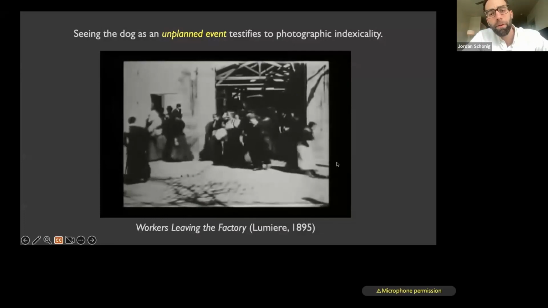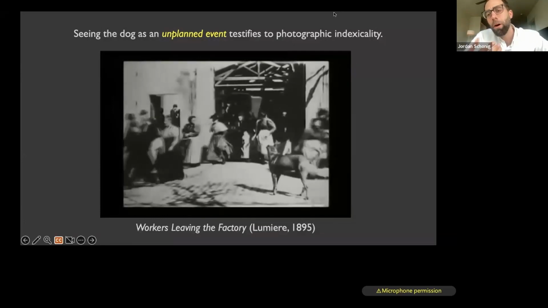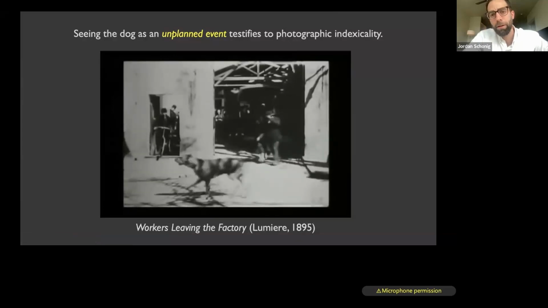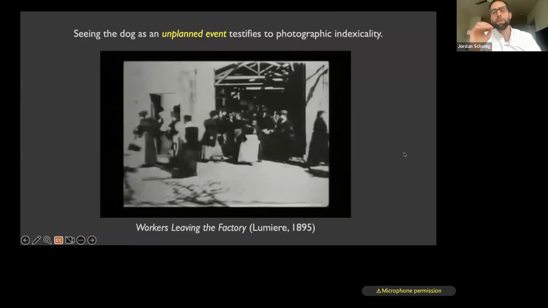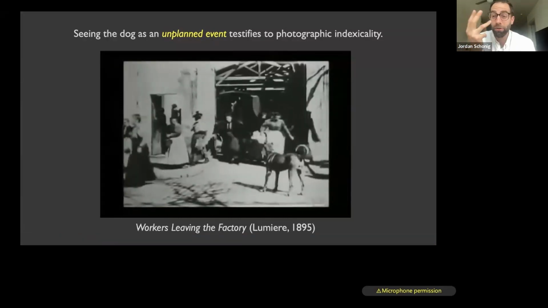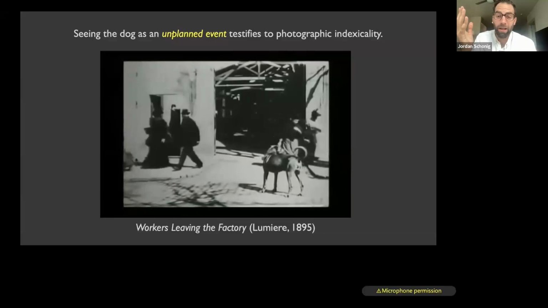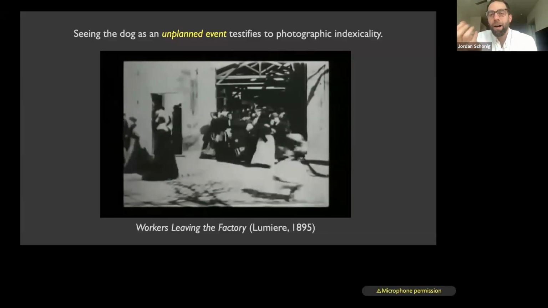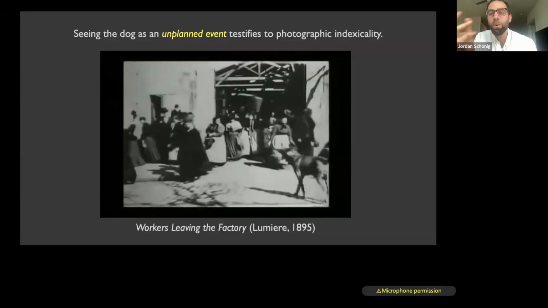So for example, if we were looking at this early film, also by the Lumiere brothers, called Workers Leaving a Factory, and you're a cinephile and you notice, at this moment, there's a stray dog, or somebody's dog, that wanders into the frame. There it is. It looks to the right and suddenly leaves. You might say the moment when the dog enters the frame is pure cinema.